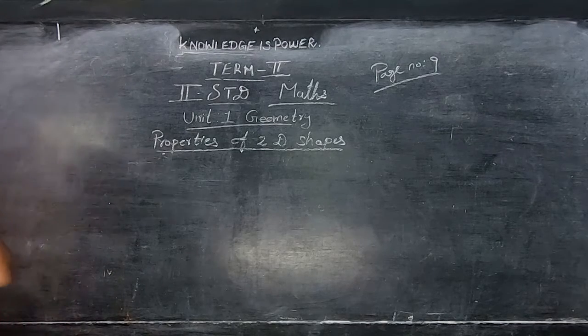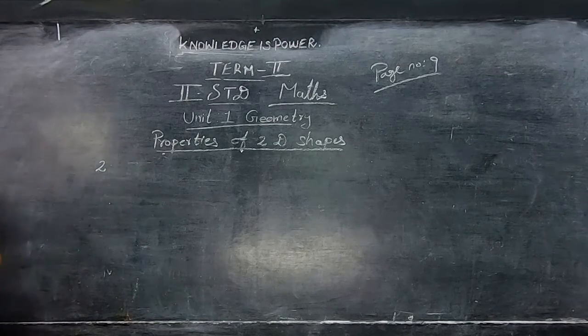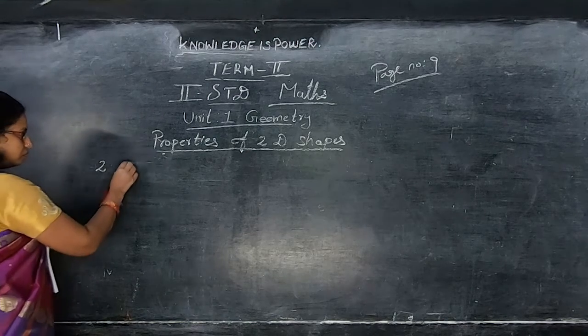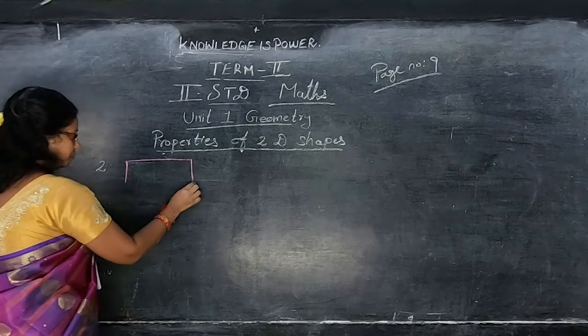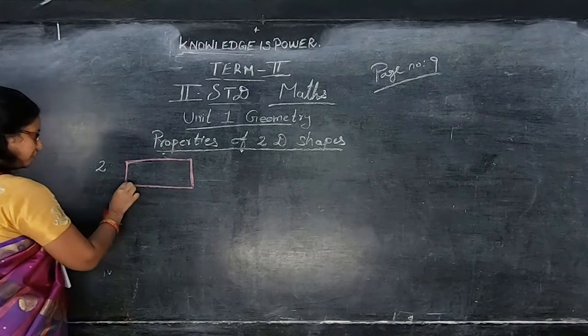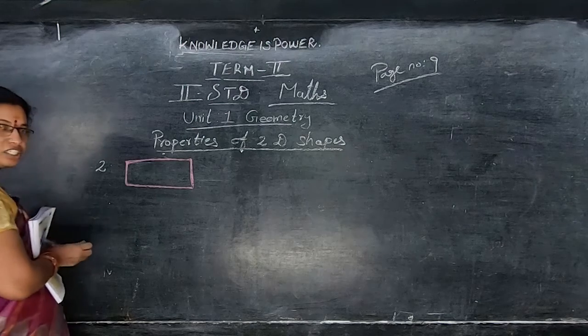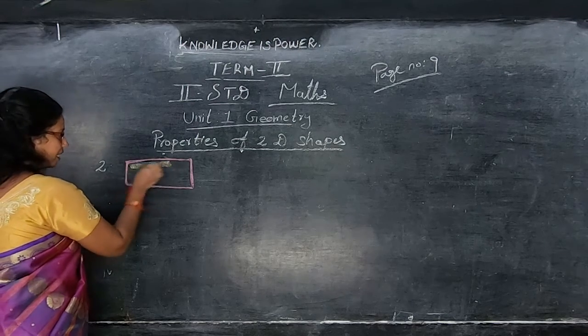This is number 2, the second one. What shape children? Name the shape. Say children: rectangle.